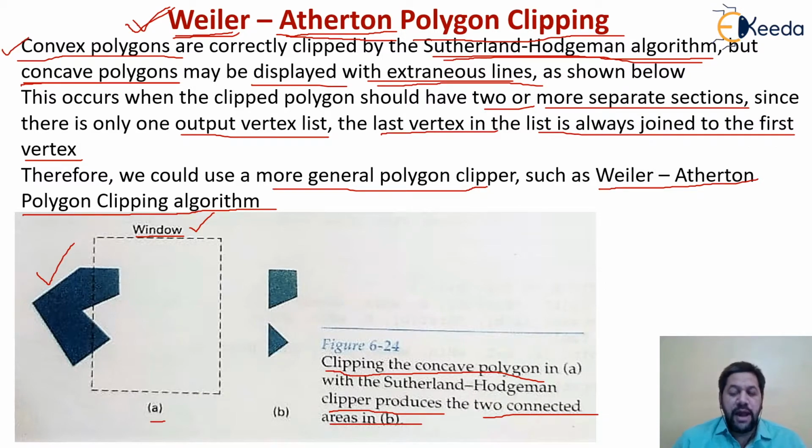My output is shown in diagram B, but this diagram is not correctly displayed. These two areas are actually separate, but in the Sutherland-Hodgman algorithm these areas are connected with one line which connects the last vertex to the first vertex, and generally we get this as the output.